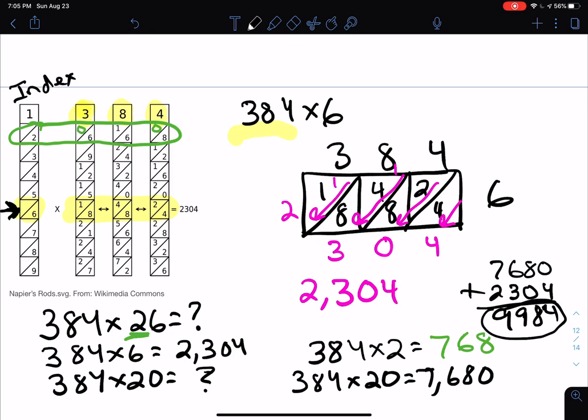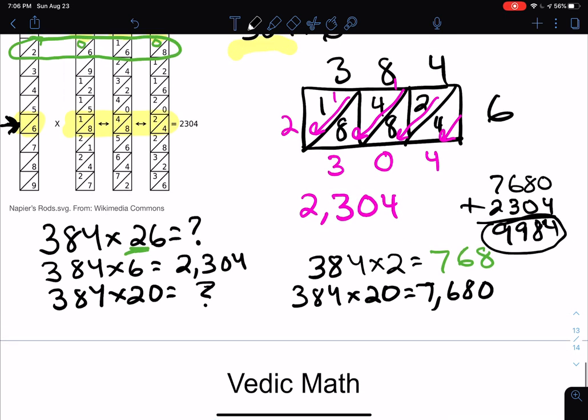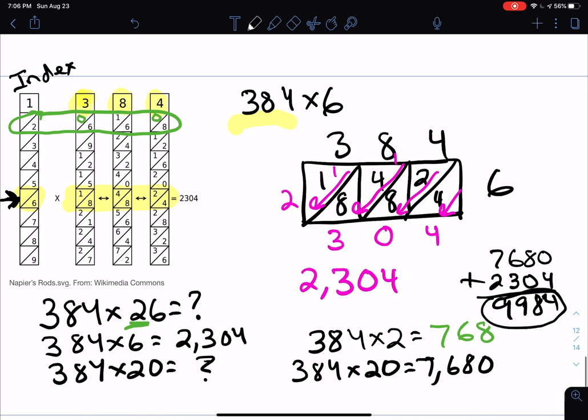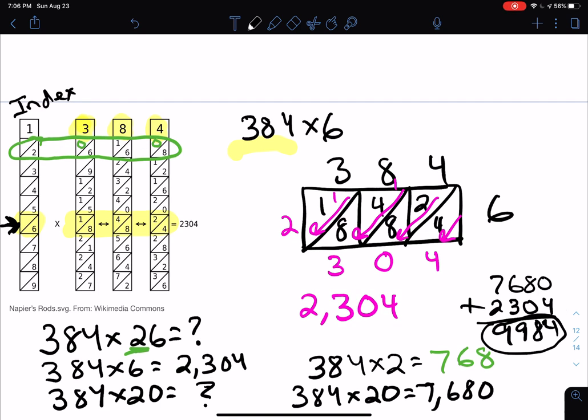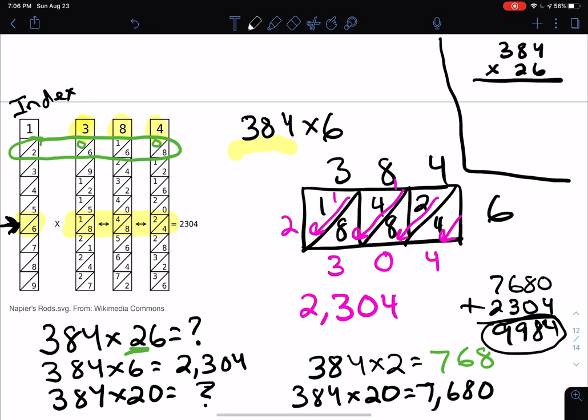All right, let me show you how this lines up with what you know for your traditional multiplication. Let me do a little thing off to the side here. Like if you have 384 times 26 normally, what you probably learned in school was 6 times 4 is 24, carry the 2, 6 times 8 is 48, plus 2 is 50, carry the 5, 6 times 3 is 18, plus 5 is 23.